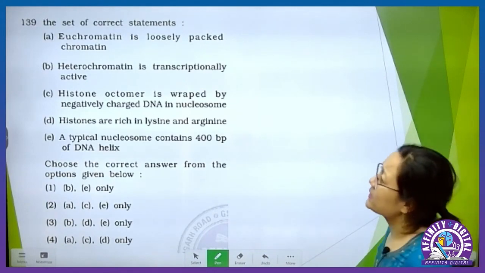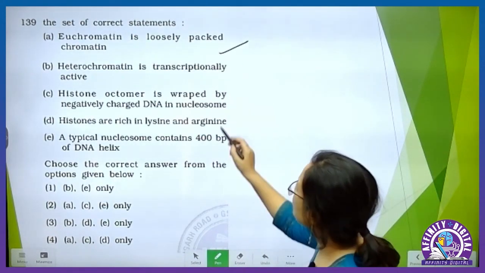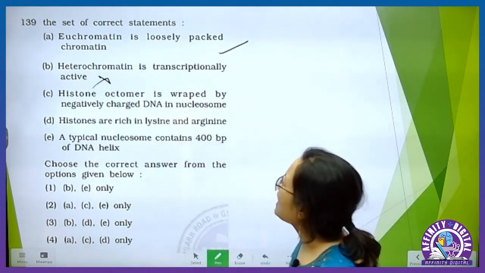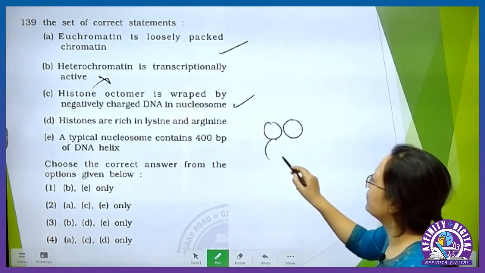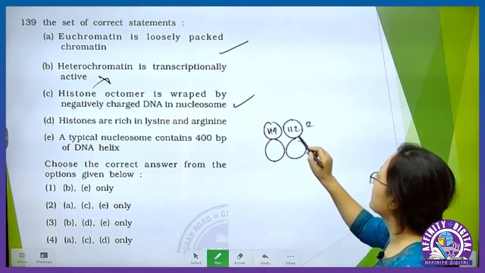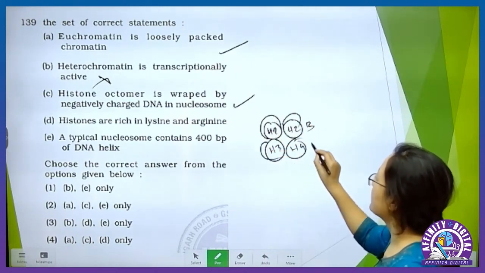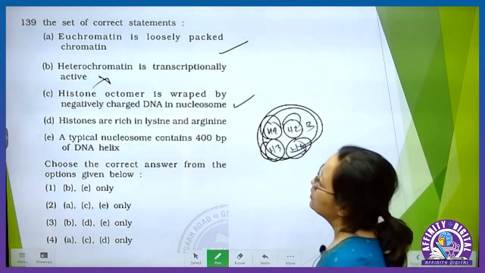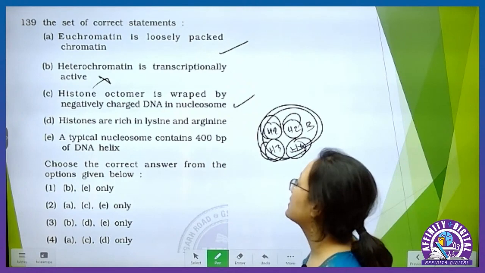Euchromatin is loosely packed chromatin, correct. Heterochromatin is transcriptionally inactive. This is wrong: histone octamer is wrapped by negatively charged DNA nucleosome. Histone octamer will have H2A, H2B, H3, H4, two copies each, and this will be wrapped by DNA. So histone octamer is wrapped by negatively charged DNA. This is correct.